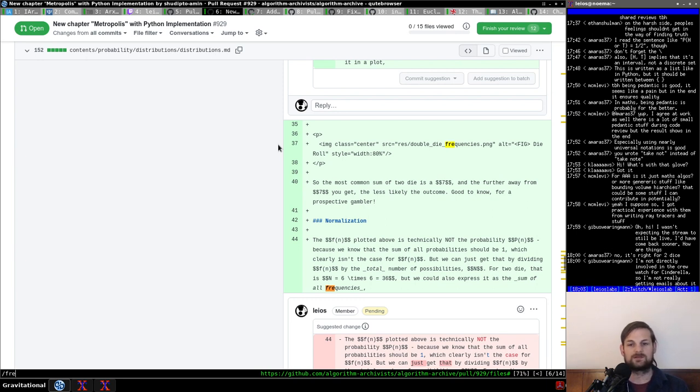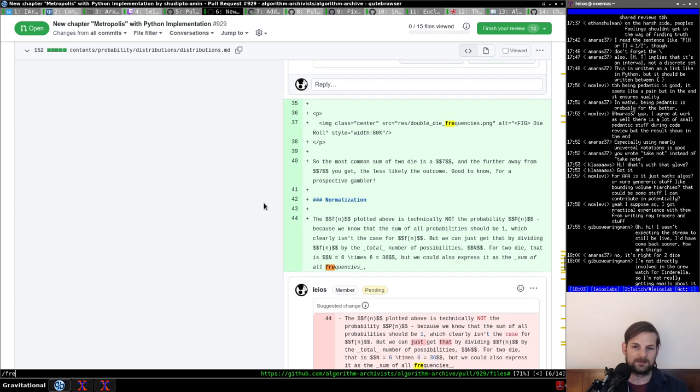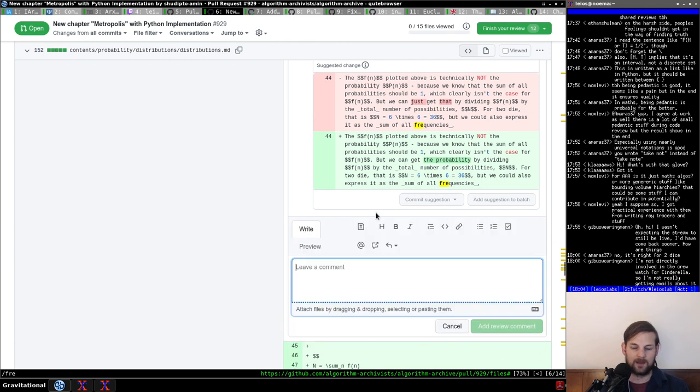Okay. We could express it as the sum of all frequencies. Okay, I see. So he's calling it a frequency. I'm just going to mention here, I don't know if it's just me, but I find the notation of calling this a frequency a bit weird. I usually use microstate and macrostate notation.